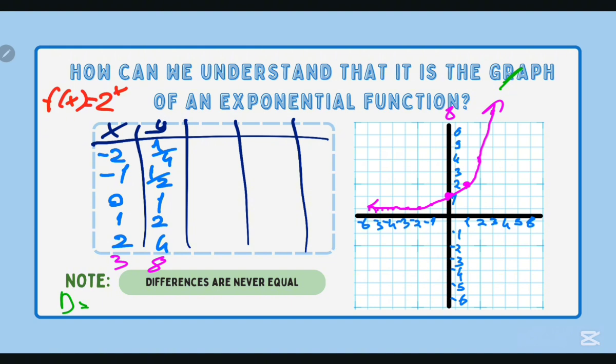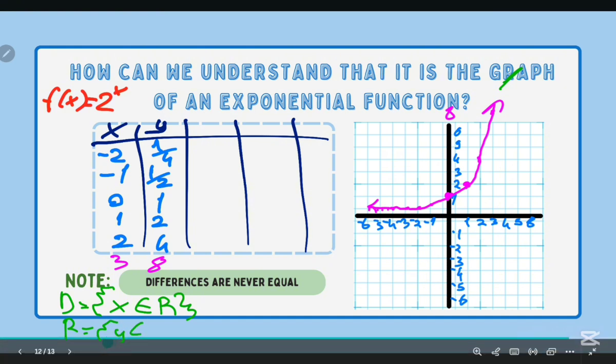So domain equals x is an element of the real numbers, positive and negative, all of them. But range equals y is an element of the real numbers such that y is greater than 0.